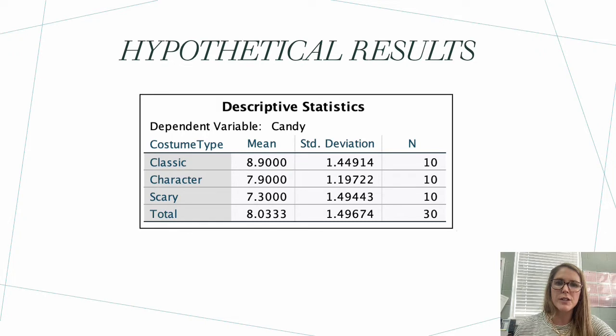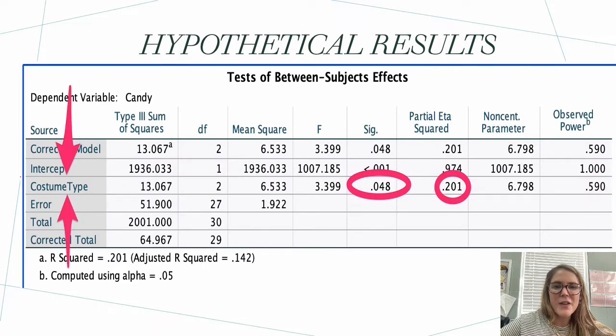But how do we know if these differences are really meaningful enough to change the type of costume that we want to wear? To do that, we look at the significance values and the effect size given to us by SPSS. So in the sig value column, we're looking for a number at 0.05 or less, and we see that it is in fact 0.05 or less.